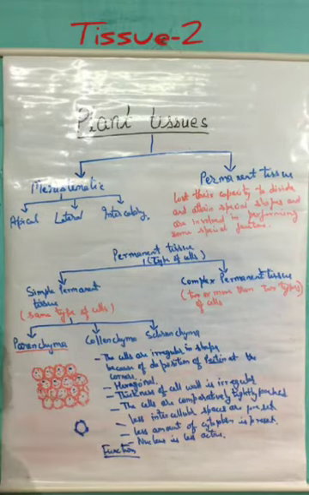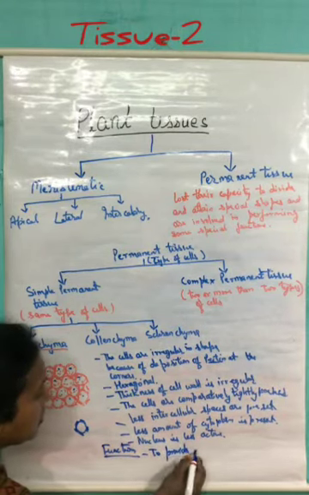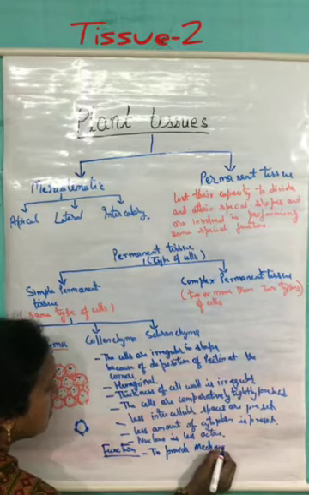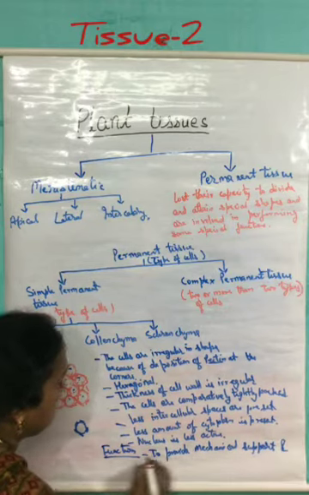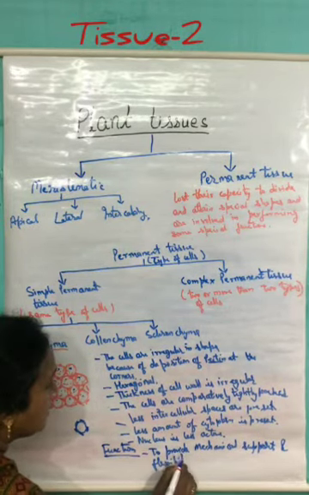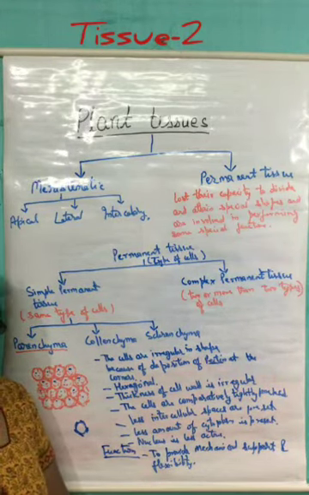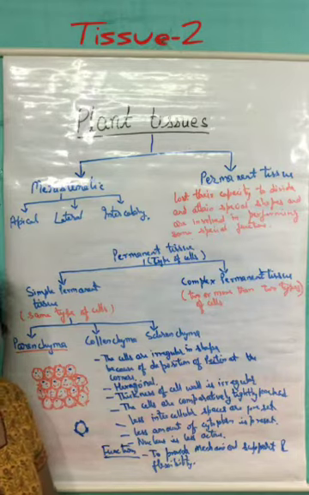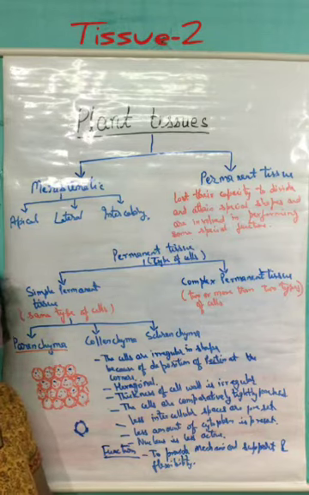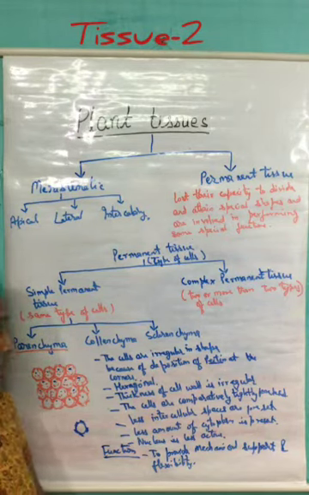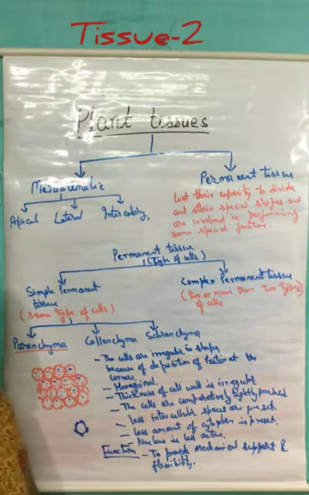The main function of collenchyma cells is to provide mechanical support and flexibility. Because of these collenchymatous cells, some parts of the plants, near the base of the leaves and in the stem region, provide support and are able to bend because of the flexibility, because these regions are made up of collenchyma.